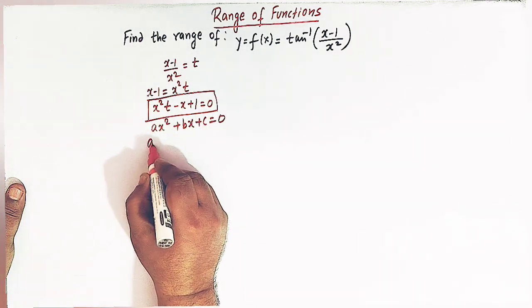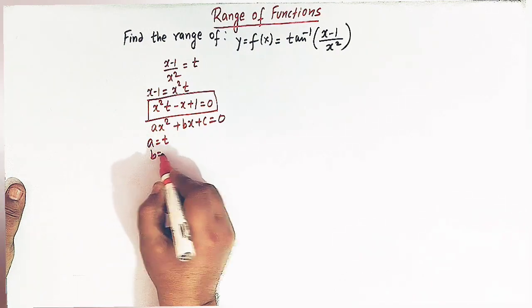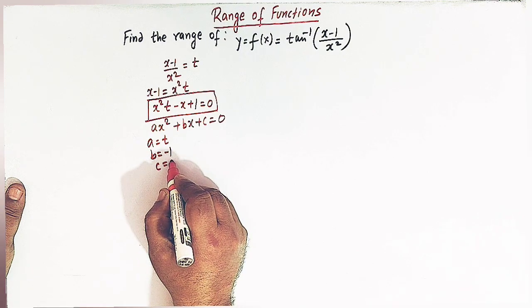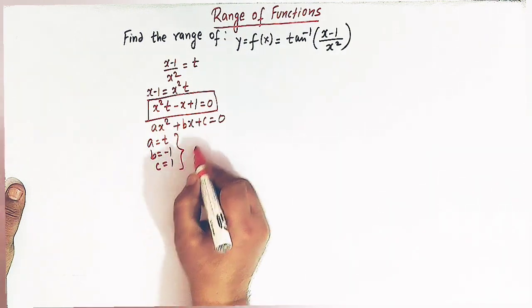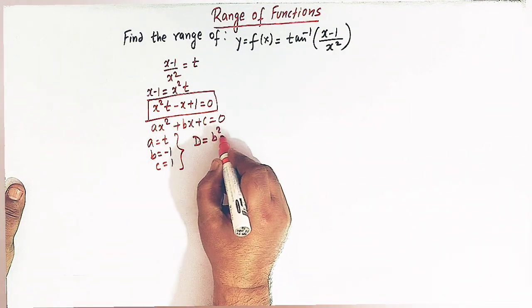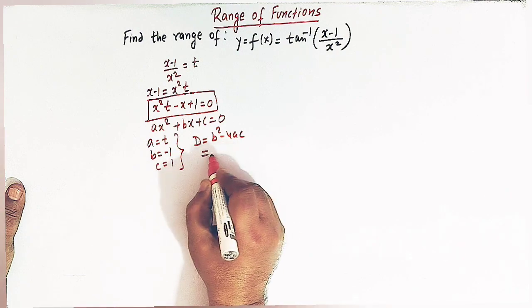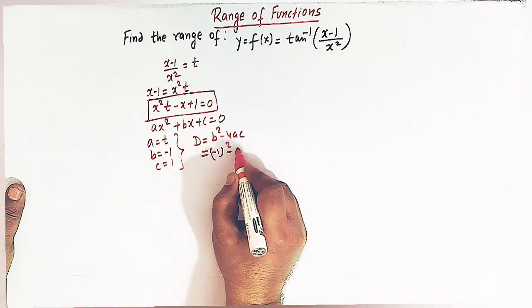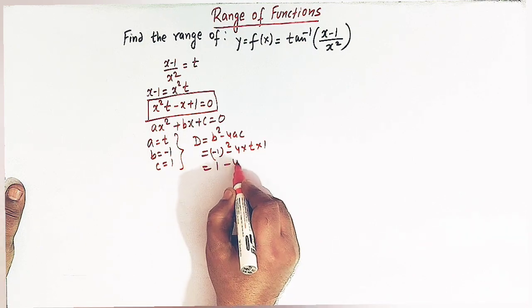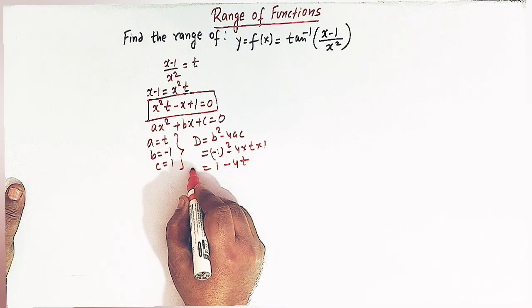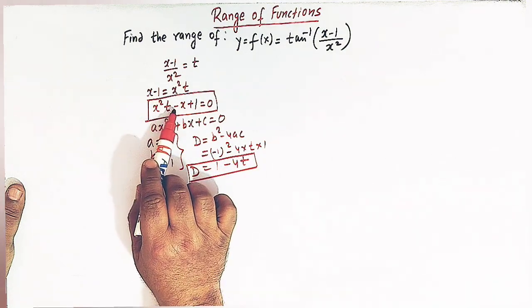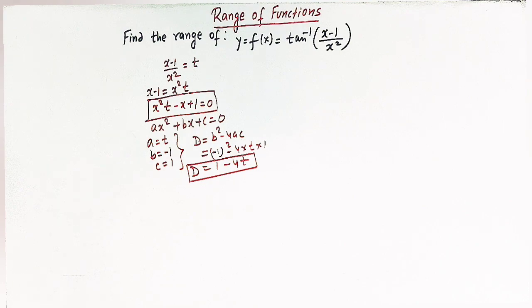So our a is t, b is minus 1, and c is equal to 1. Let us find the discriminant of this equation. We have b square minus 4ac, that is (minus 1) square minus 4 times t times 1. So this is 1 minus 4t, which is the discriminant of this quadratic equation.